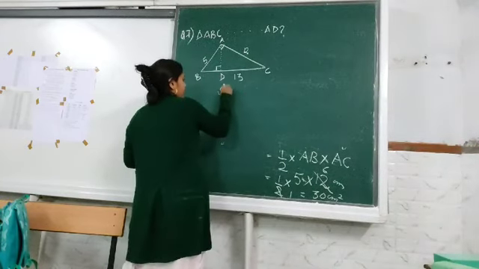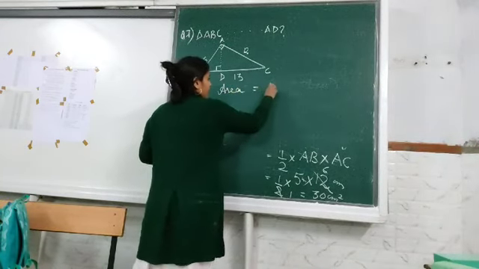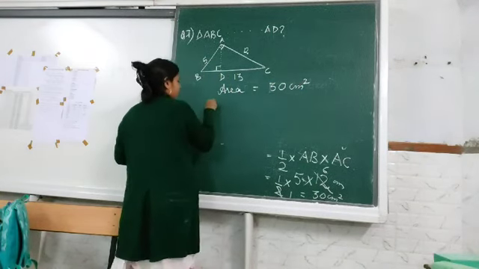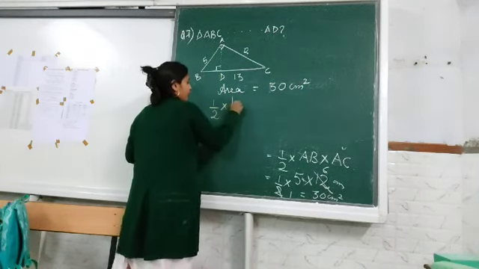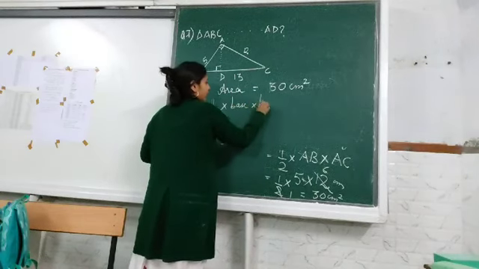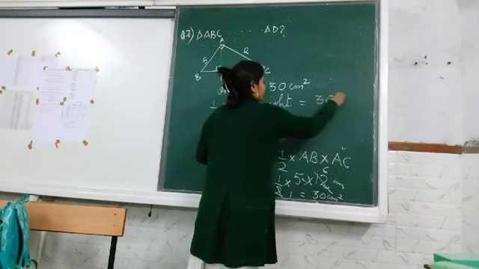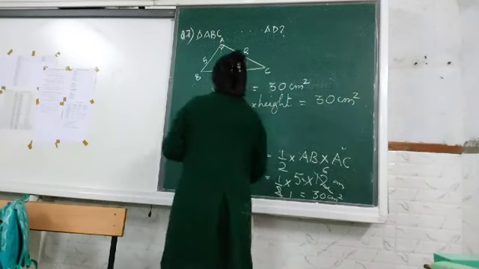So area came out to be 30 centimeters square, which is actually half into base into height is equal to 30 centimeter square.